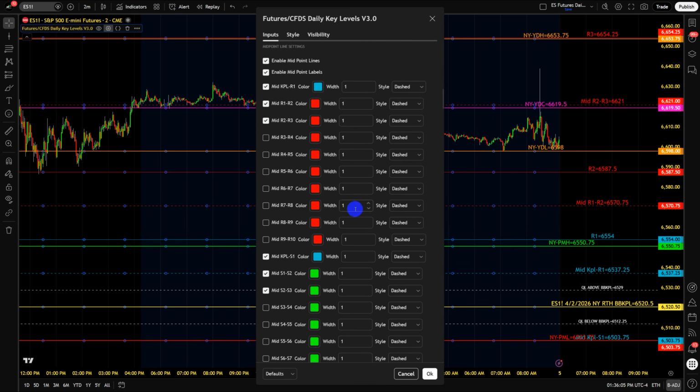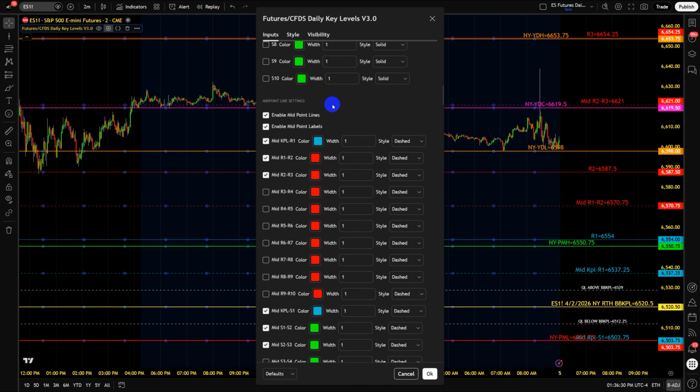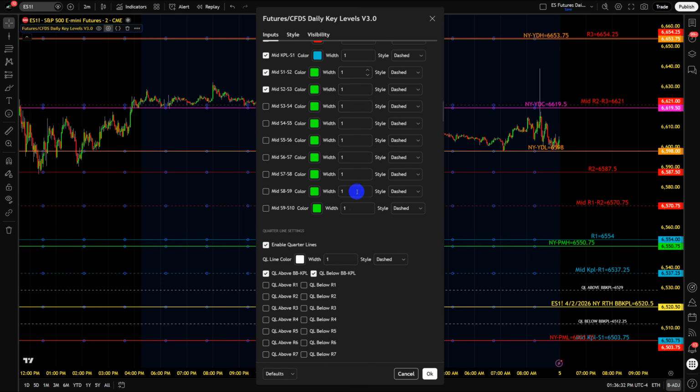The second thing you need to do is decide how many midpoint lines and labels you want to have in historical sessions. Keep in mind that in historical sessions, the only lines you're not going to be able to see are going to be the QL lines. So you have midpoint lines, you have the main key level lines, and we'll just go to that section here.